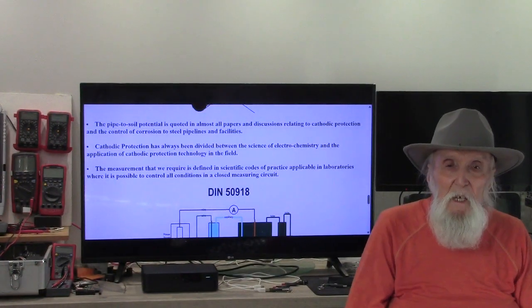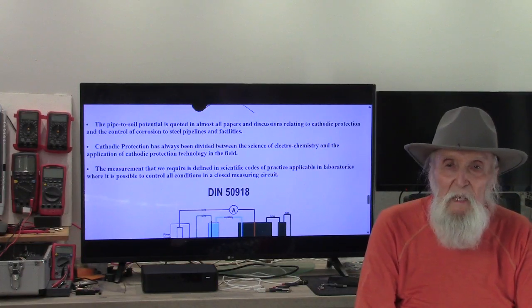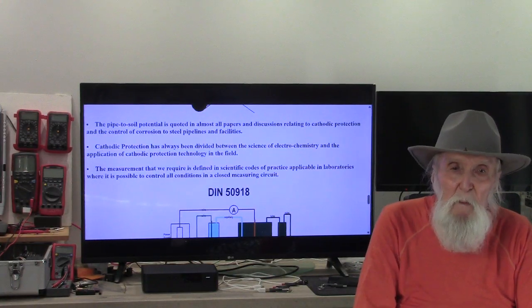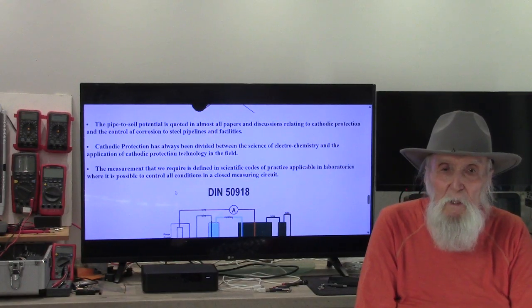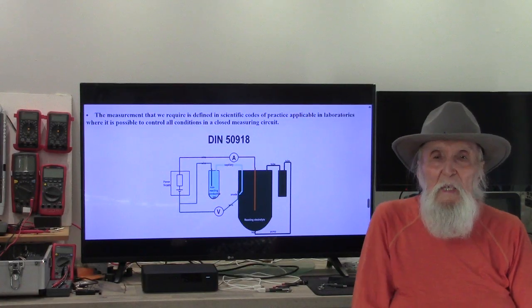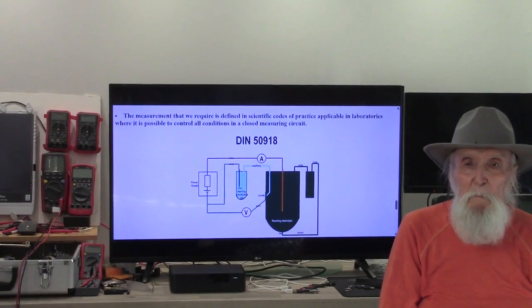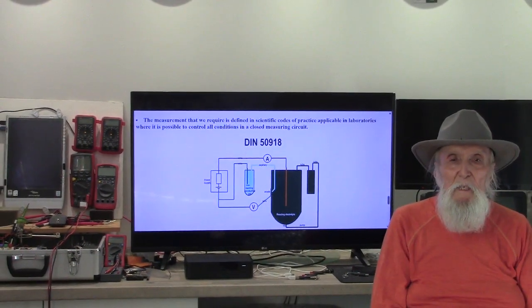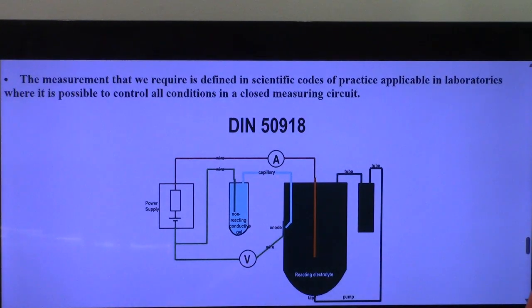Cathodic protection has always been divided between the science of electrochemistry and the application of cathodic protection technology in the field. The measurement that we require is defined in scientific codes of practice applicable in laboratories where it is possible to control all conditions in a closed circuit measurement.